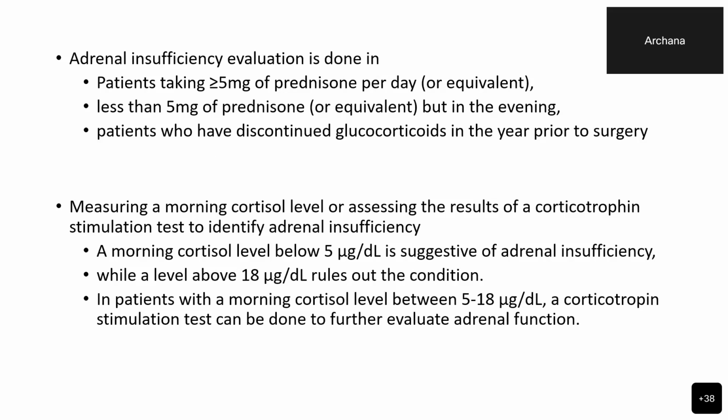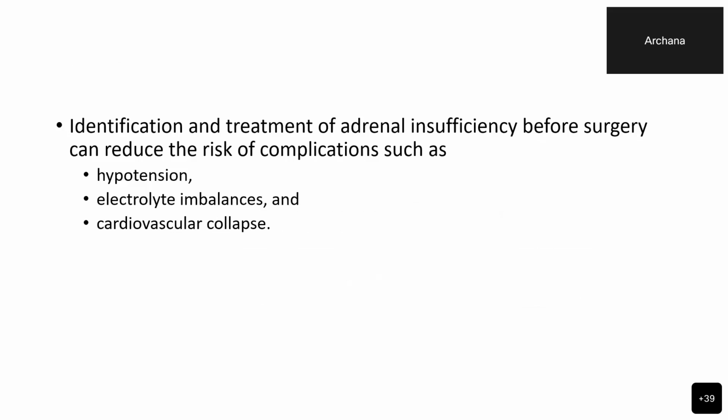A morning cortisol level below 5 is suggestive of adrenal insufficiency, while a level above 18 rules out the condition. In patients with a cortisol level between 5 and 18, a corticotropin stimulation test can be done for further evaluation. Identification and treatment of adrenal insufficiency before surgery will reduce hypotension, electrolyte imbalance, or cardiovascular collapse in the perioperative period.